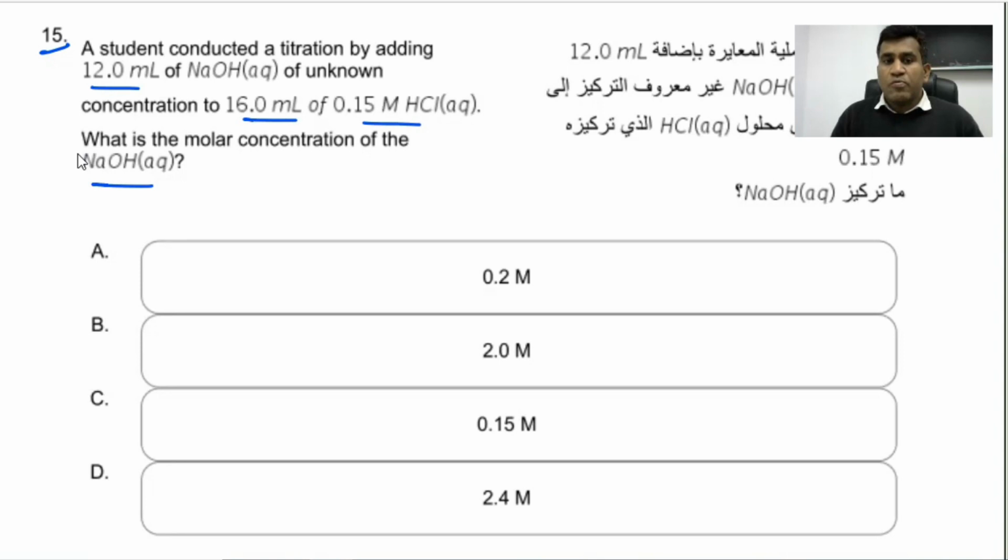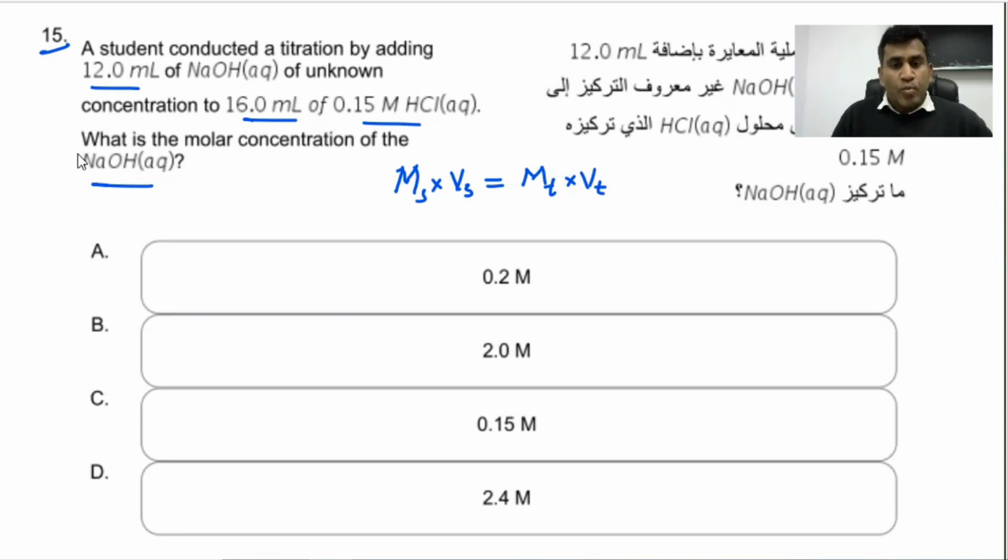To find it, the molarity of the substance times the volume of the substance must be equal to the molarity of the titrant times the volume of the titrant. Whatever the titrant and whatever the substance, they should be equal, as per the conservation law.